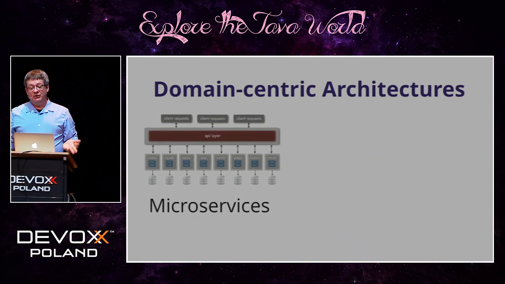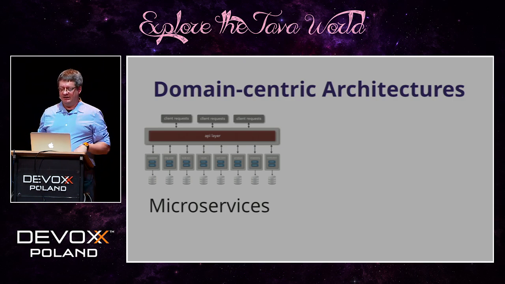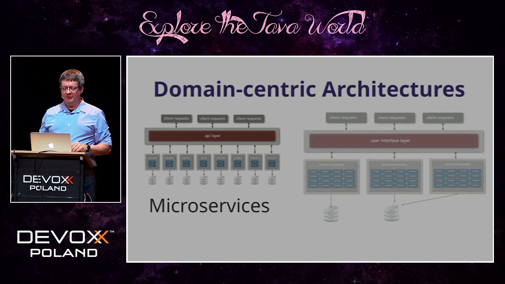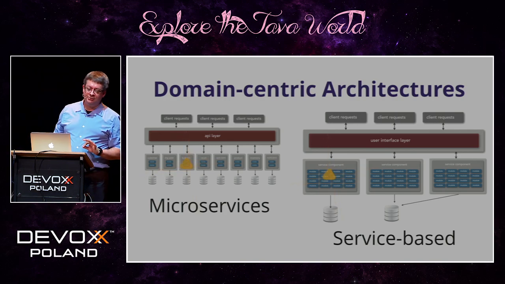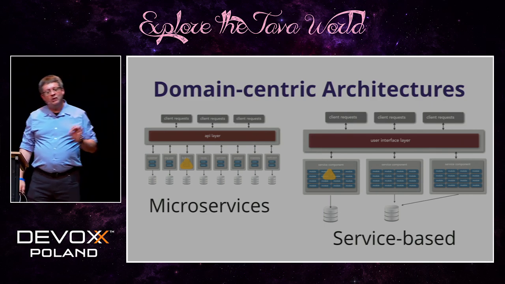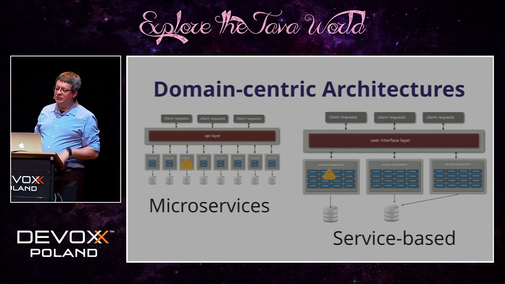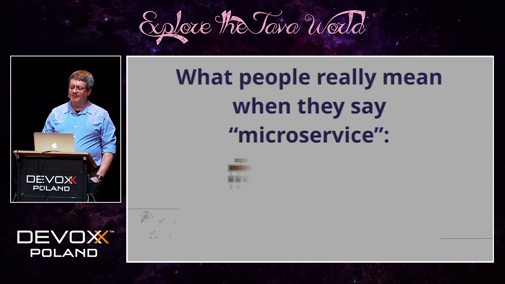And microservices is not the only one of these. Service-based architectures, which are a lot less strict about things like database granularity, are also very heavily domain-centric architectures. And we're seeing this is a really common shift in the way that people think about software: they're starting to model things around domains rather than around layers.